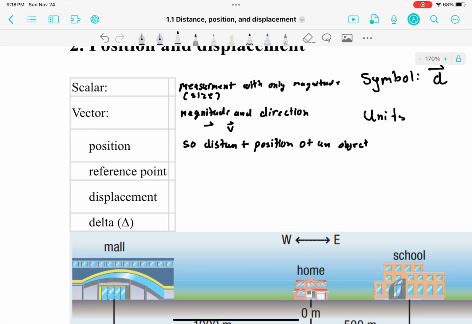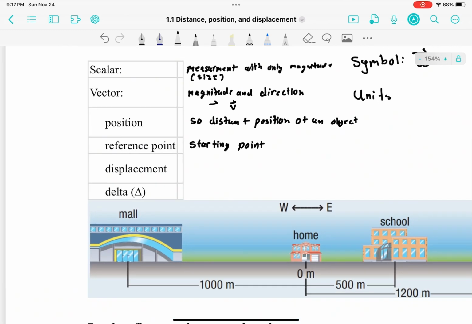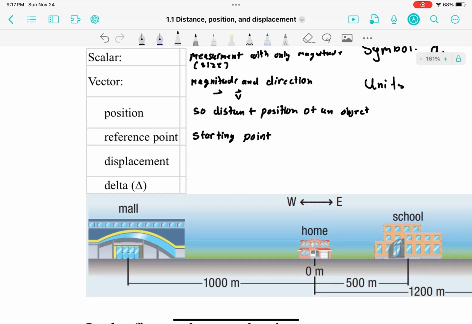What's a reference point? A reference point is just a starting point. This is typically given, or we'll know what a reference point is depending on where the question says we start from. An object's displacement is the change in its position. So it's just a change in position.